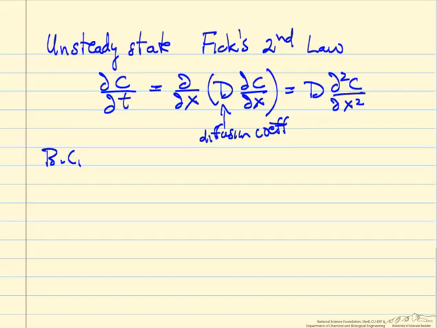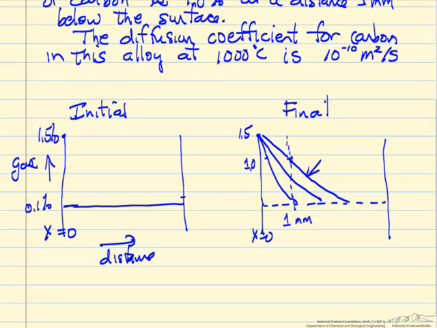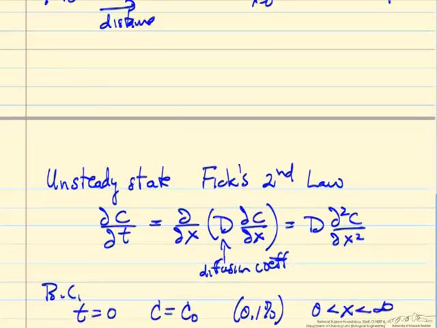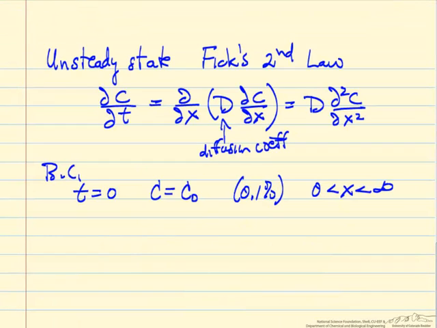And so what we write is, at the start, t equals 0, the concentration is the initial concentration, which in this case is 0.1%, and that's everywhere. We're assuming this is a big enough material. We're only diffusing the surface layer, so far enough out we're still going to be at 0.1 weight%, our initial concentration. Now for time greater than 0, right at the surface, we jump the concentration up to 1.5%.